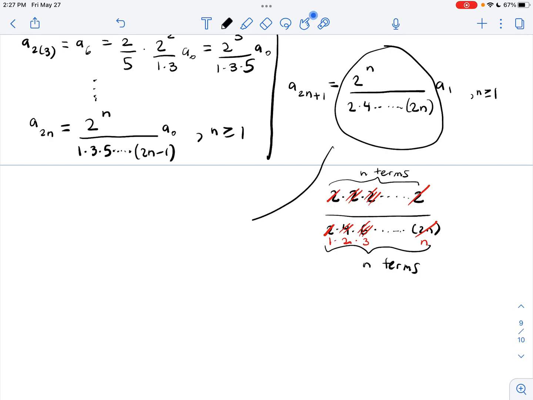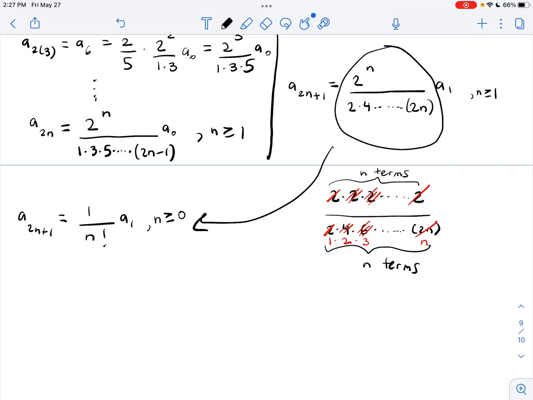So this tells us that a sub 2n plus 1 is actually going to equal just 1 over n factorial a1. And in this case, you can plug in 0 because 0 factorial is 1.